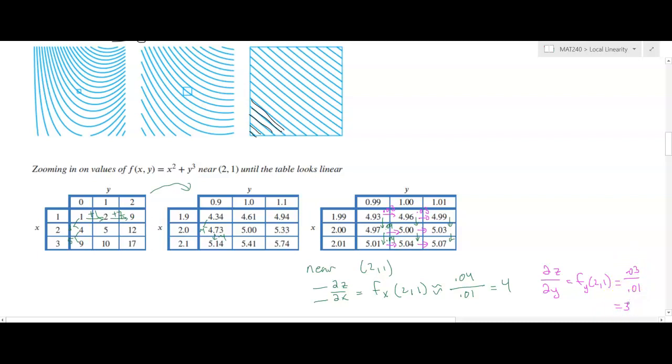So we would interpret this as saying, theoretically, if the rate of change were to remain constant, then increasing our y value by 1 unit would produce a change in z of 3 units. And of course, we see that that's not the case.